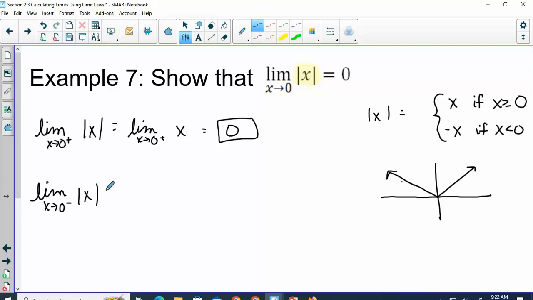If you are approaching from the left, we have things smaller than 0. So we have the negatives. So this is the negative x section that we're on. But if we put in 0, what is the opposite of 0? Still 0.